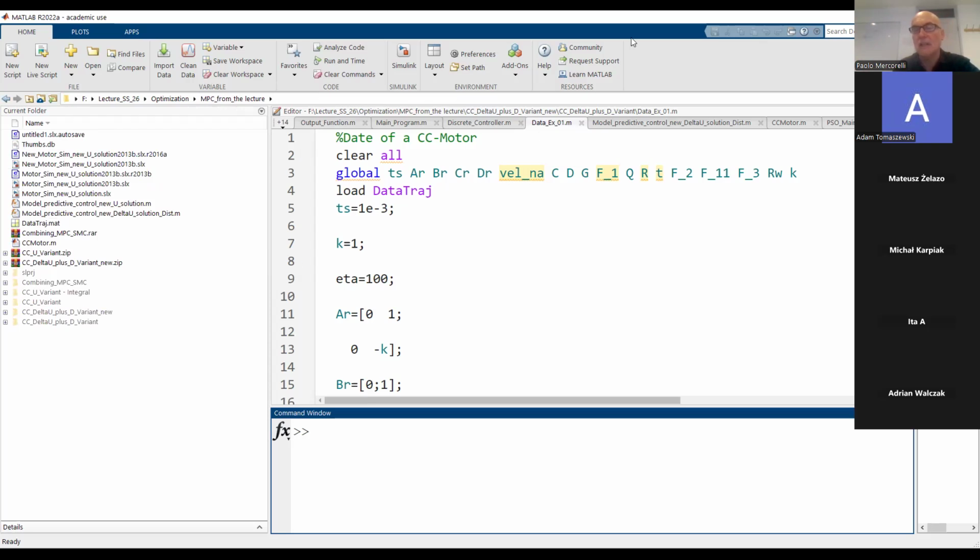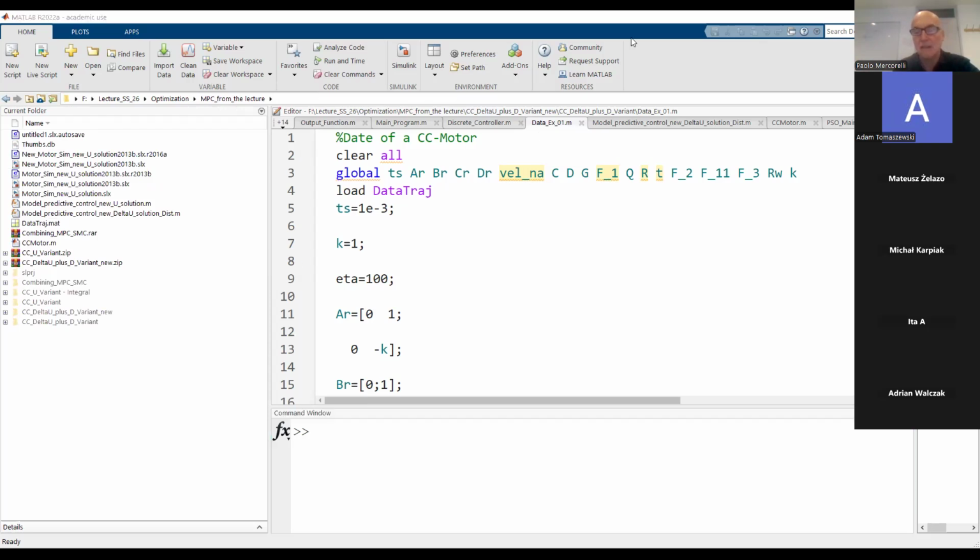Let me show you what you will find. I hope I share. I didn't share. Let me share. You can find here, I will upload in a folder with the name CC U variant.